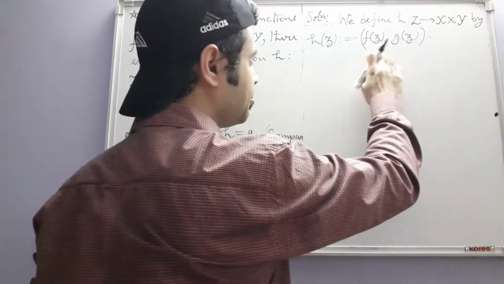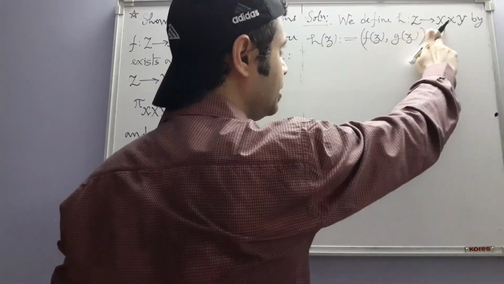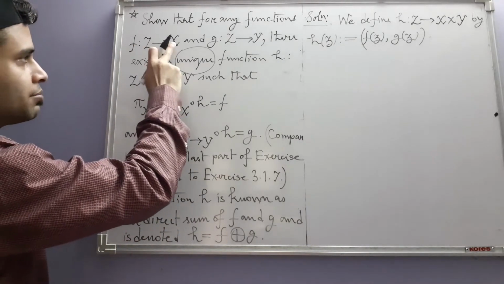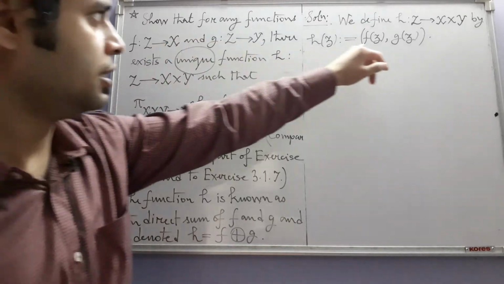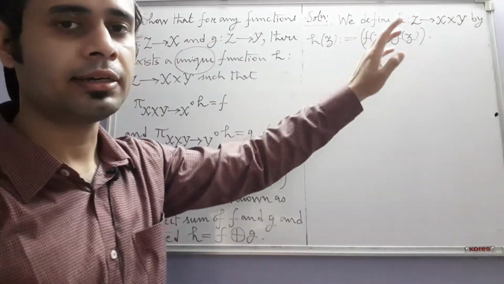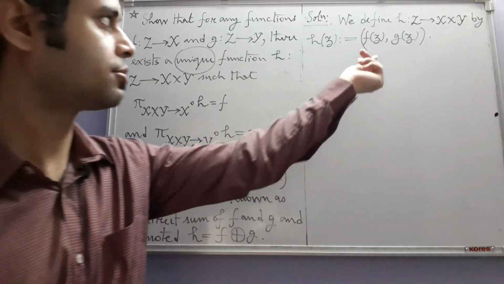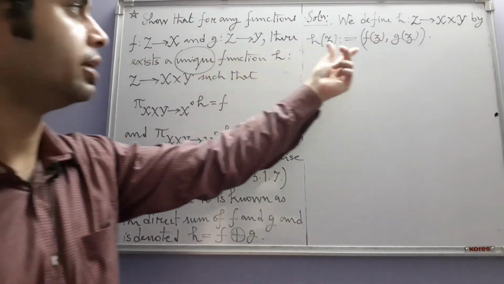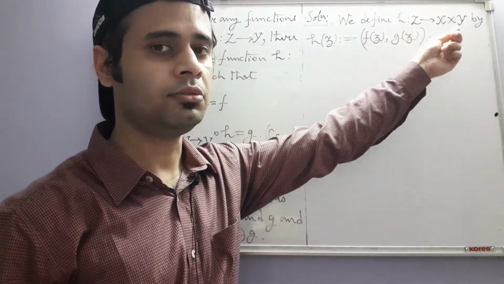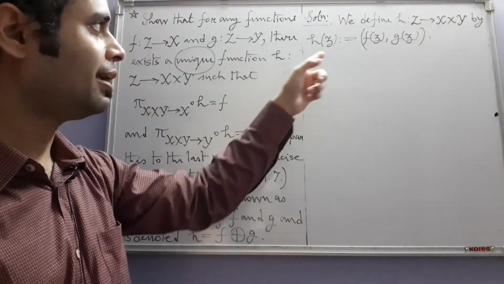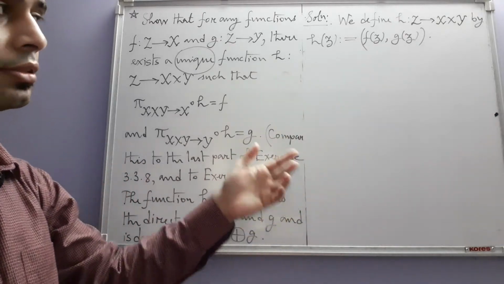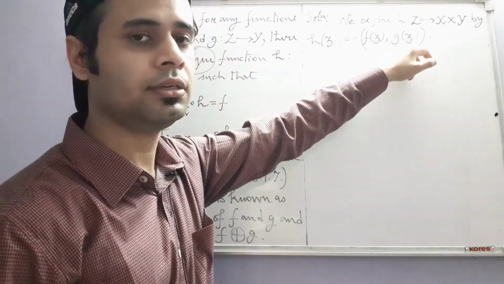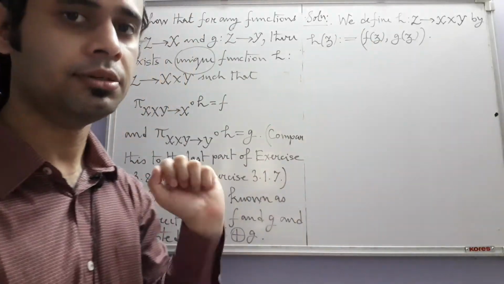But is f of z in X? Yes, it is in X, because f is given to be a function from Z to X. So z is any element, f will take that element to some element in X. So f of z is in X. Like that, since g is a function from Z to Y, this element also belongs to Y. And since f and g are well defined functions, these images f of z and g of z for that given z are both unique.